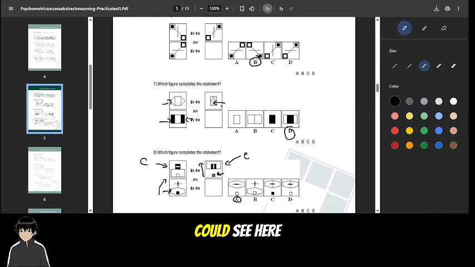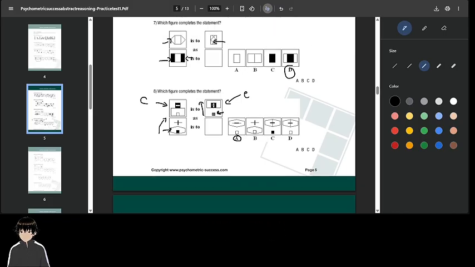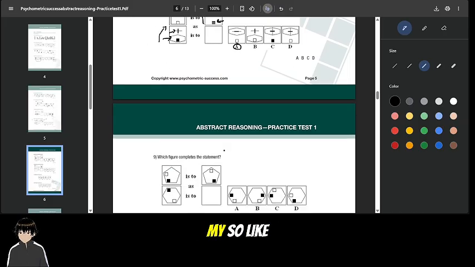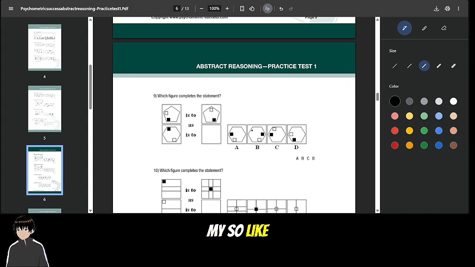And if you could see here, the black box didn't actually do anything. It just stayed the same. So I'm using this as a reference for the black box. This little horizontal line right here, and then the vertical line, it's going to flip because it's like this. That's my understanding of it.